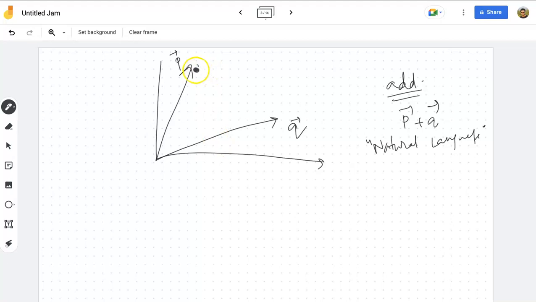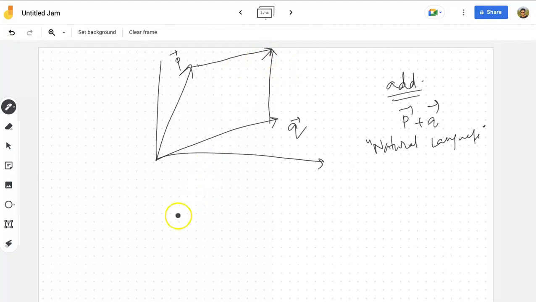I'm drawing it small for space. Similarly for P, you draw a parallel here. This is the whole diagram. The structure is not proper, but I hope you get the point.